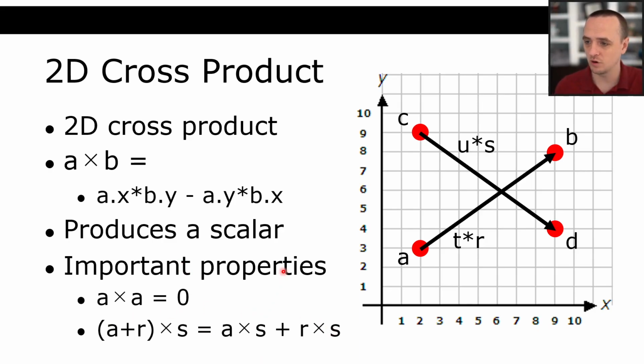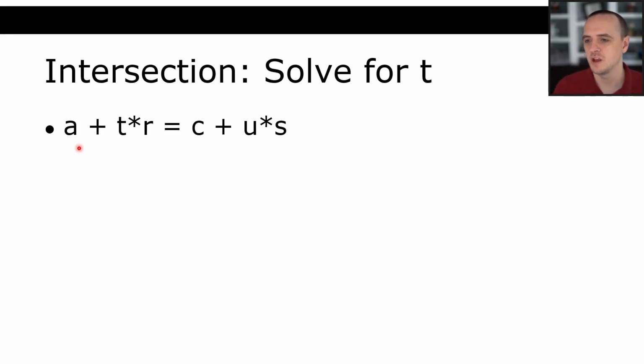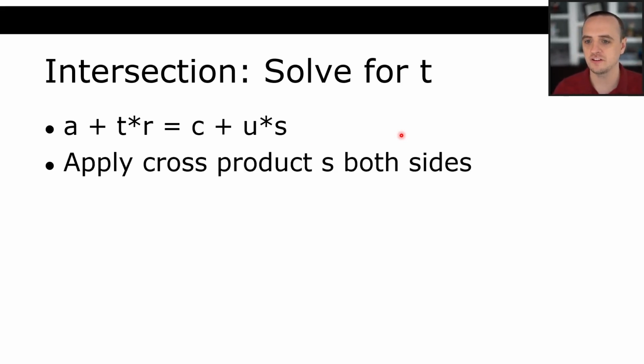And now we're going to use that to help us solve for our values. So how do we solve, for example, we have T and U, so let's just solve one of them. Let's just pick T because it comes first in the alphabet. So here's our formula. We have A plus T times R is equal to C plus U times S. Now, we have two equations with two unknowns, so let's just apply the cross product with S to both sides.